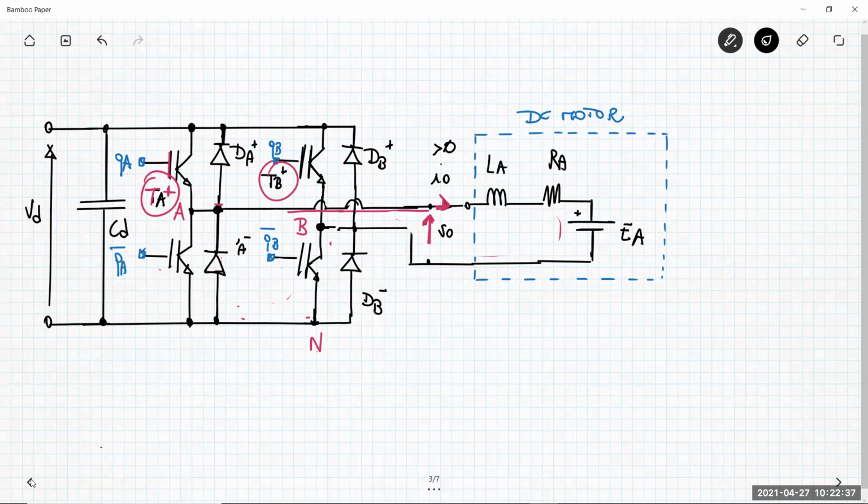And so in order to provide the current path, the current can flow through TA plus here, then returning from the motor, this current can go not to TB plus, because TB plus cannot accept current from the emitter to the collector, okay, but it can go through DB, returning to the source.